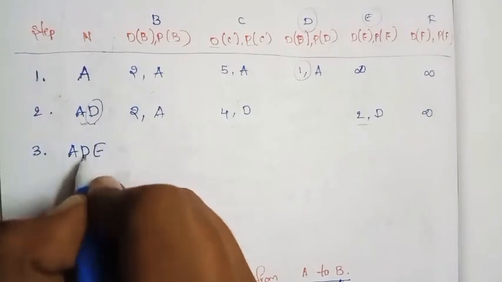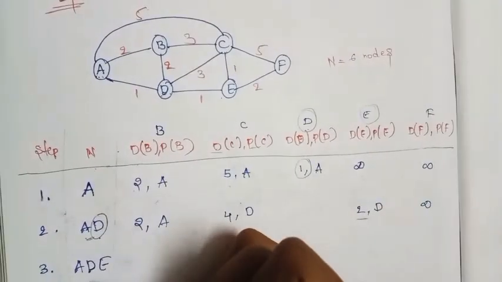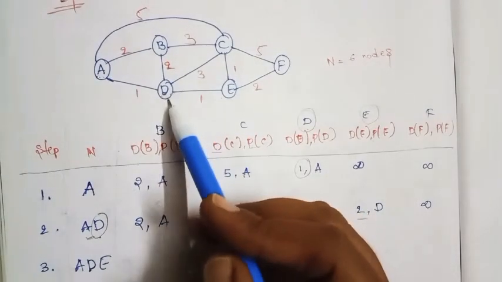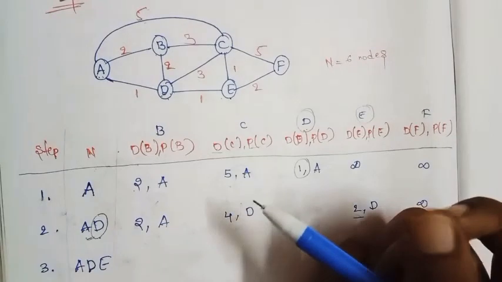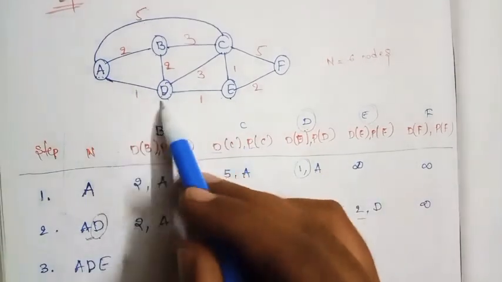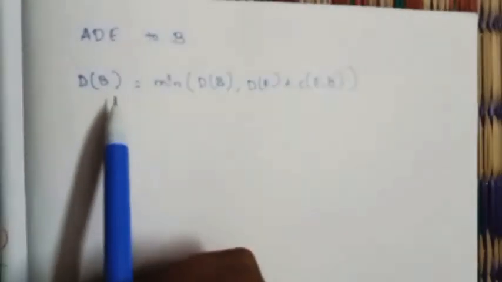A, D, E. For this, you need to find the path from A, D, E to B. And how can we find the path from A, D and from E to B? We will write the formula like this, guys.